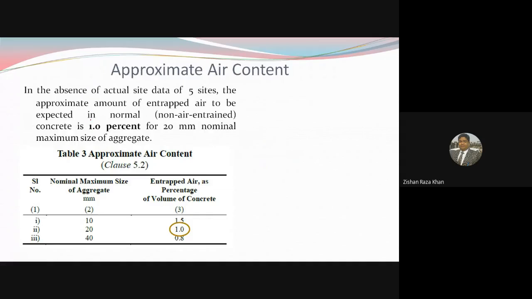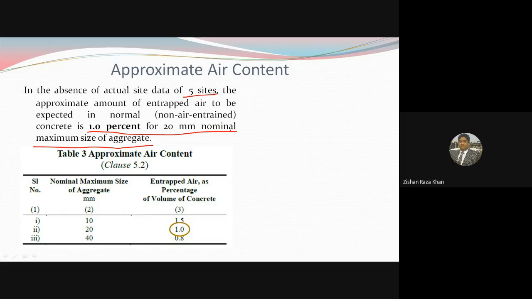Now the next point is air content. In the absence of actual site data, if you have actual site data of 5 sites, then you can decide the air content in concrete as per actual data. But if it is not there, you can take 1% for 20 mm nominal maximum size of aggregate.